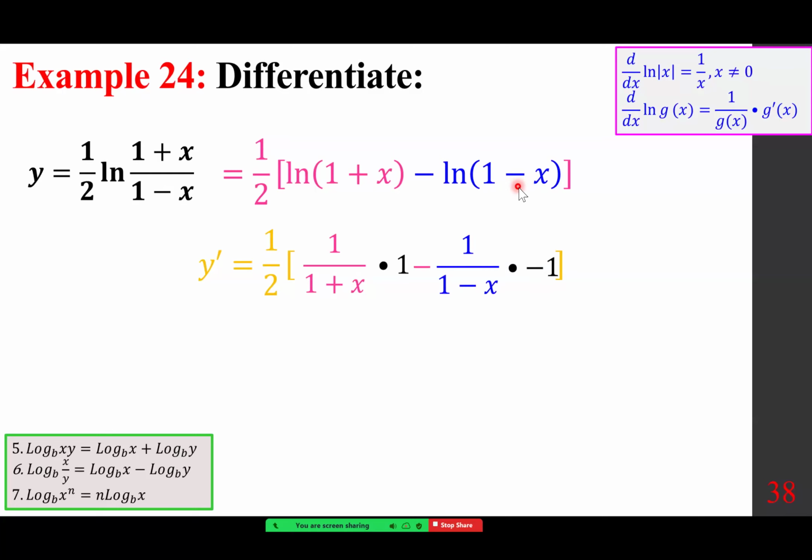So times negative 1. So what you are looking at is two fractions where the common denominator is 1 plus x times 1 minus x.